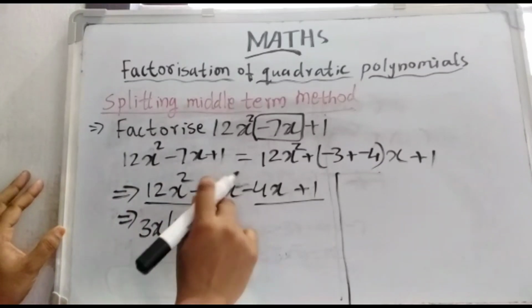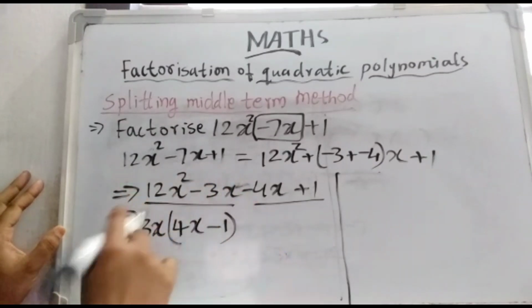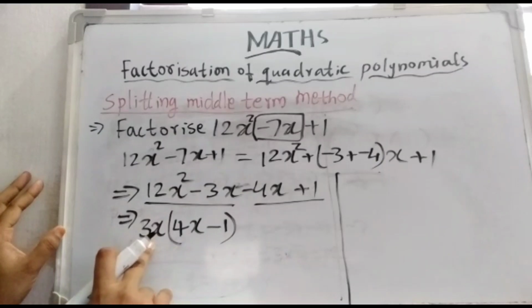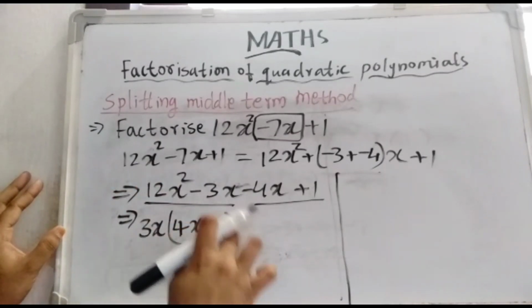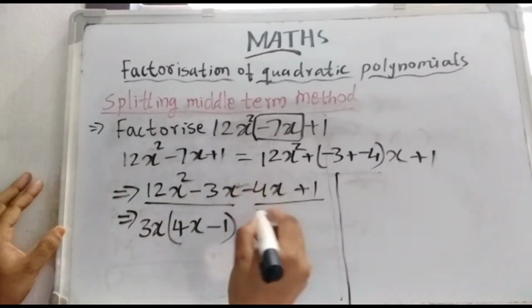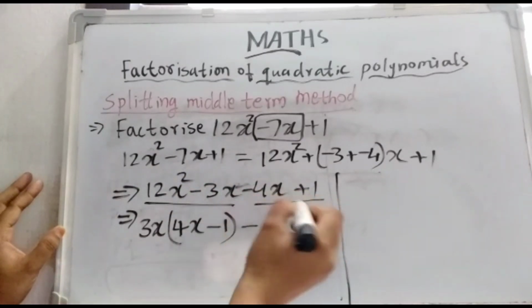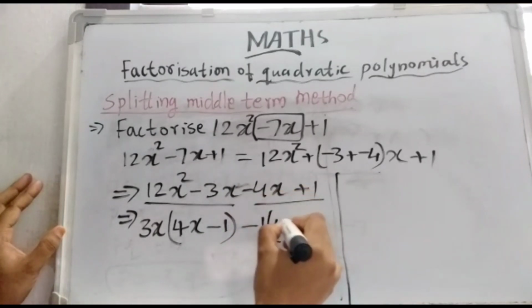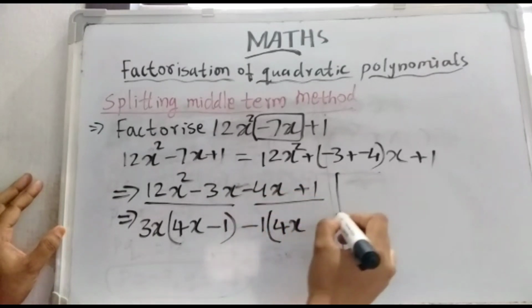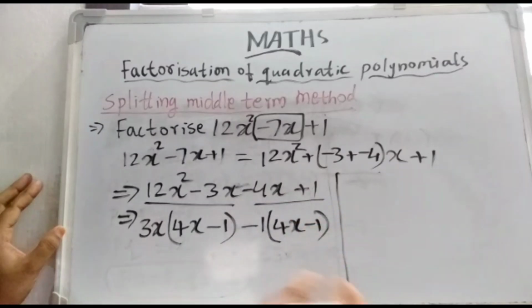Minus here 1: 3x into minus 1 is minus 3x. Here no common factors other than 1, so take 1 as common, then what remains here? 4x minus 1.